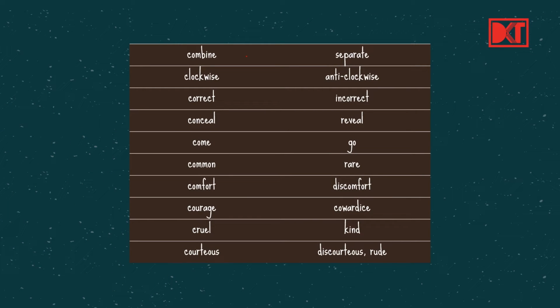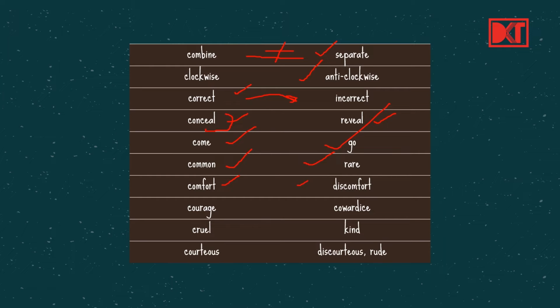Okay, so here you can see a few examples. Combine is the antonym of separate. Clockwise opposite is anti-clockwise. Correct, the antonym is incorrect. Conceal, which means to hide something, reveal means unveil it, show it. Come and go. Common and rare.